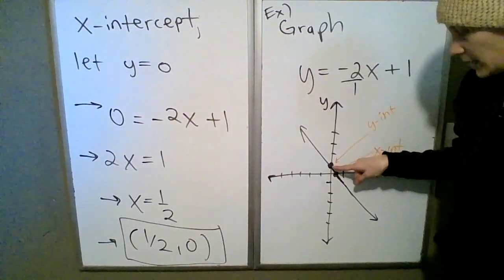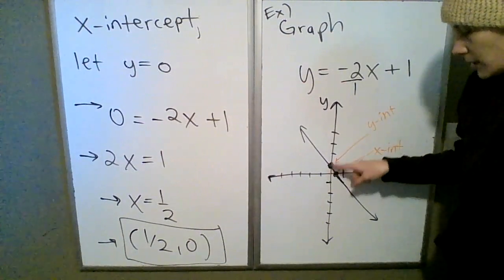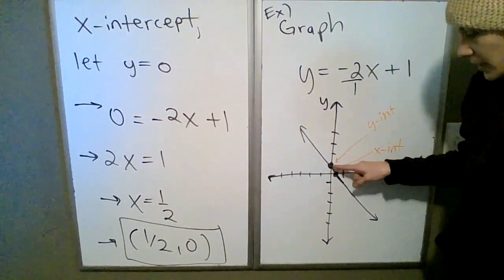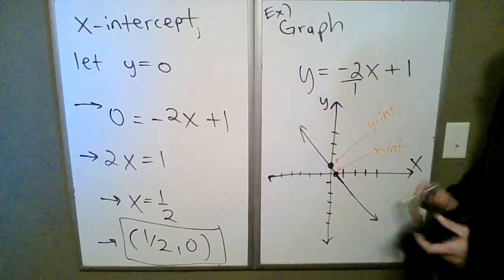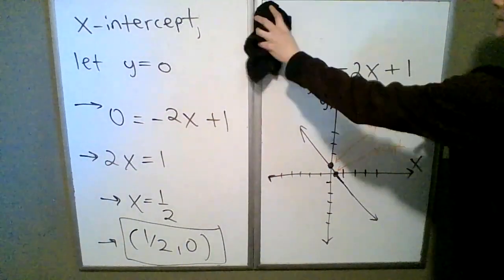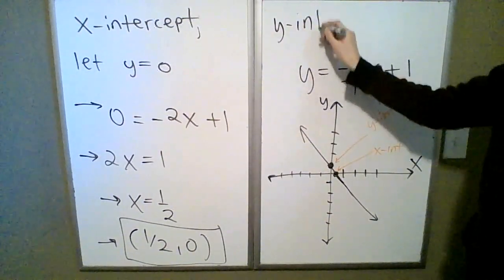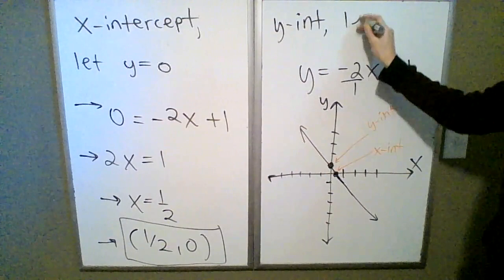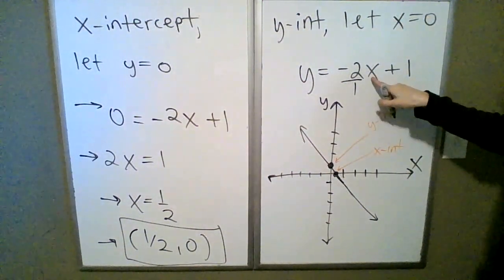Okay, and this is the y-intercept, where y is some positive number. We'll find out what number it is. And x is equal to 0. So it's a 0 right here.